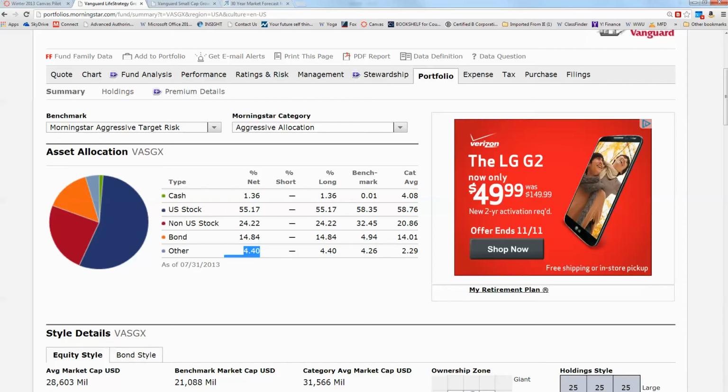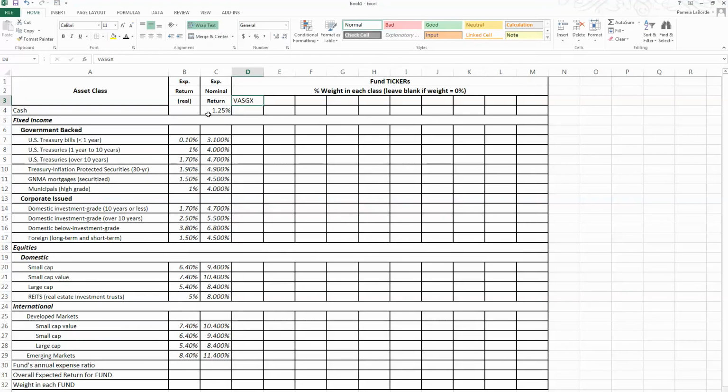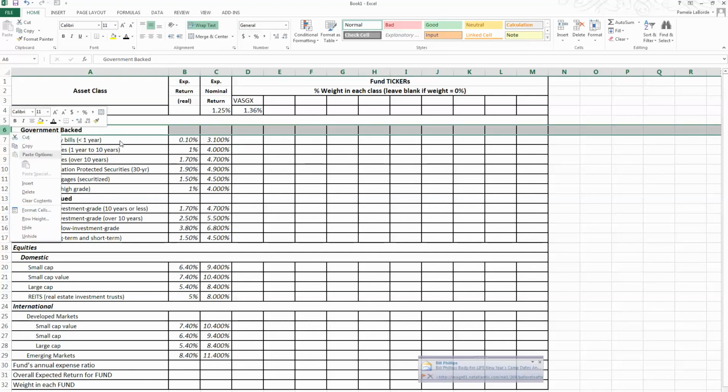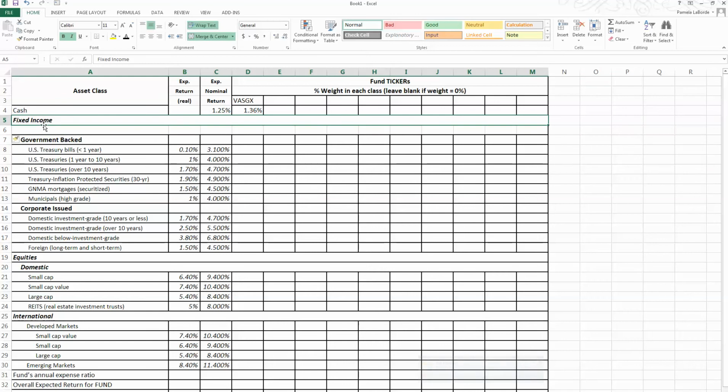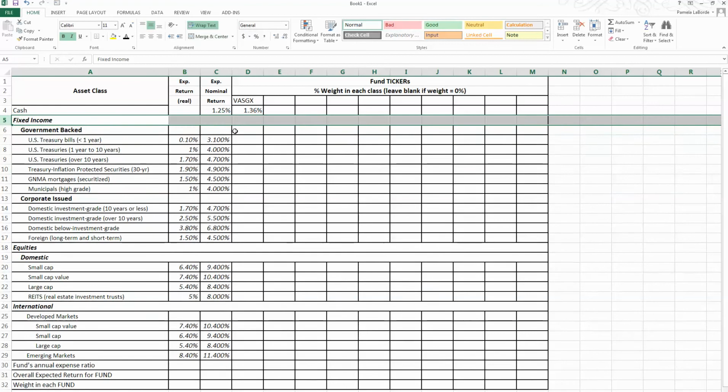So I'm just going to pop over to my spreadsheet and enter those percentages. So cash for the Life Strategy Fund was 1.36%. Fixed income, and here I need a new column, and I think I'm just going to type fixed income in here and get rid of that column.